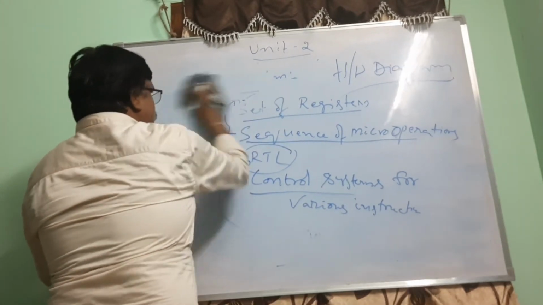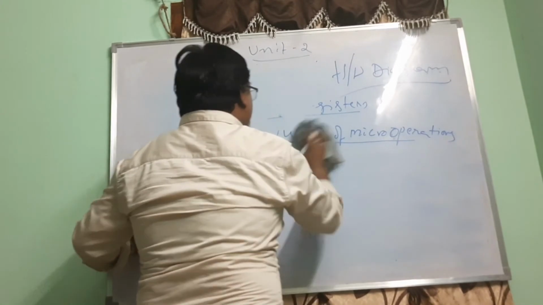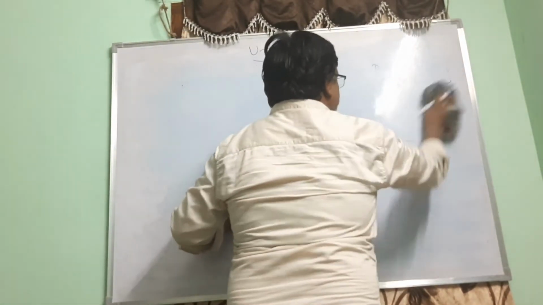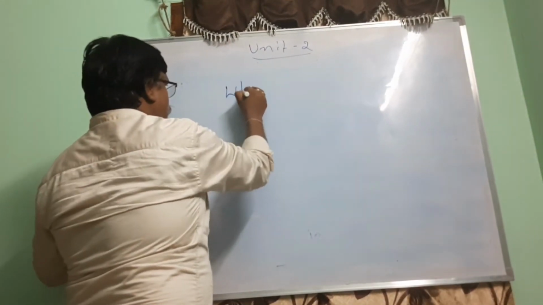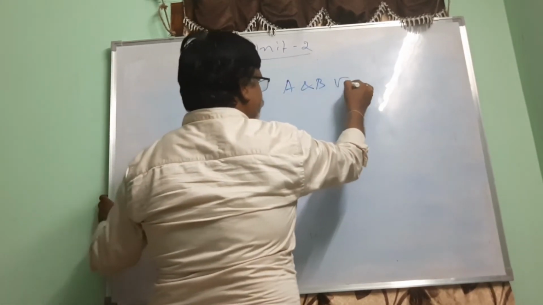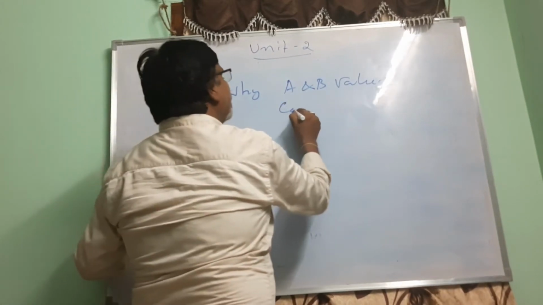And students, in yesterday's session, when I performed the division operation, some students had a doubt about the flowchart: why are the A and B values, that is dividend and divisor, compared twice?